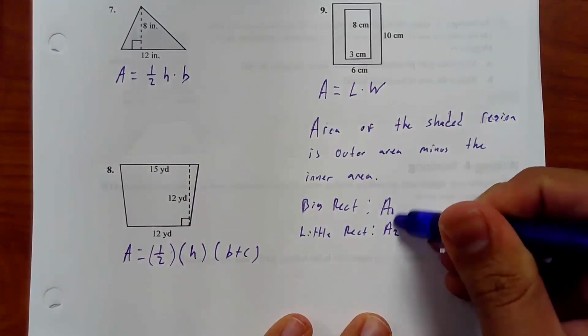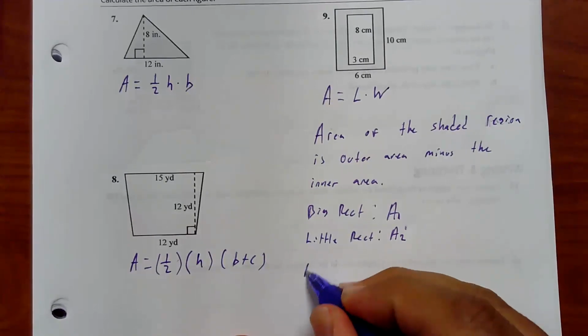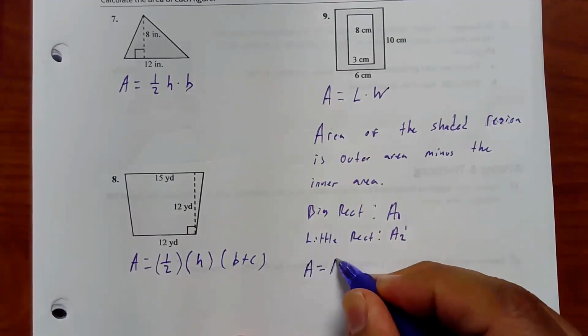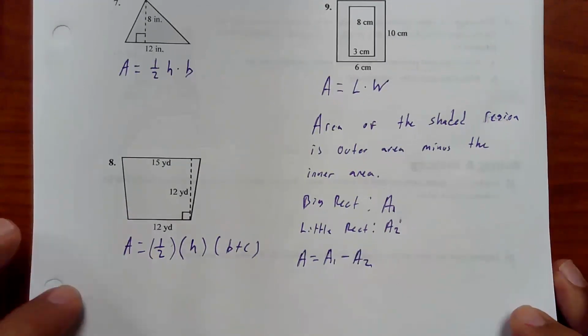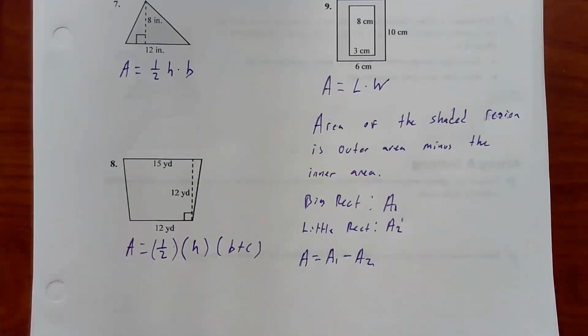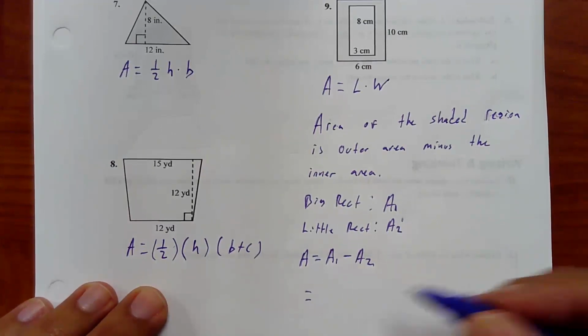That's more clear, I think. So the total area we want is A1 minus A2. I just keep it simple. That's what I'm saying. So what is the area of the big one?